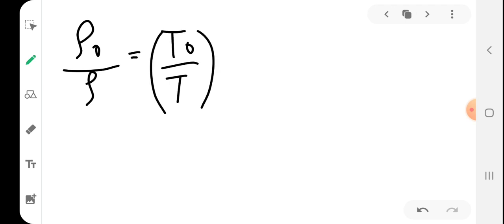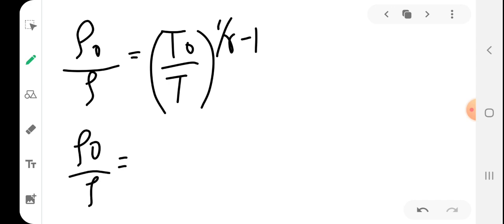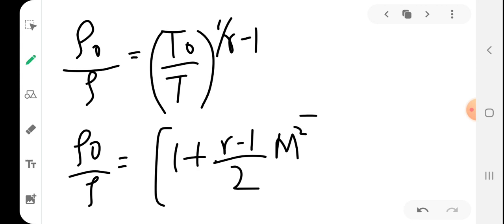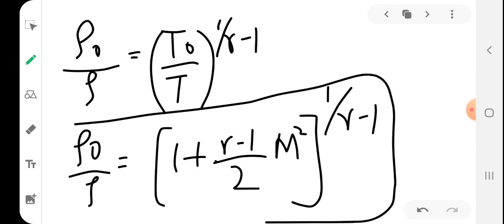Similarly, you can write rho 0 for an adiabatic or isentropic process. Rho 0 by rho is nothing but T0 by T all raised to 1 by gamma minus 1. Therefore, rho 0 by rho will be equal to 1 plus gamma minus 1 by 2 Mach square, all raised to 1 by gamma minus 1. So this is the relationship between stagnation density and static density.